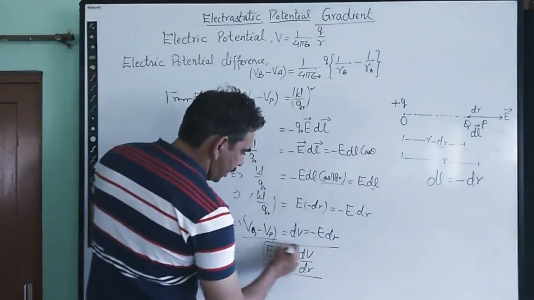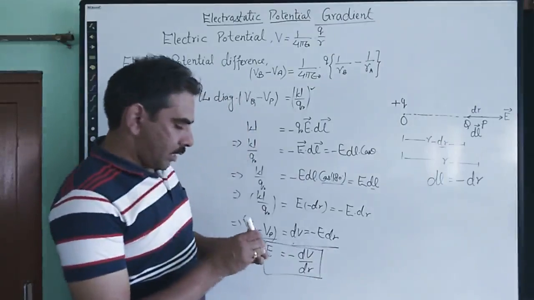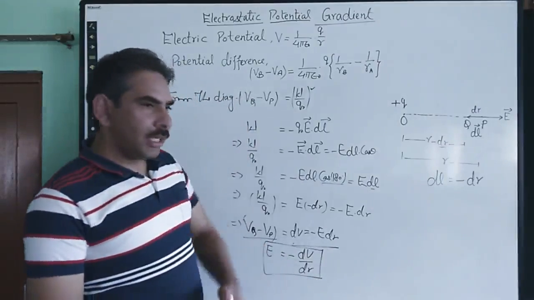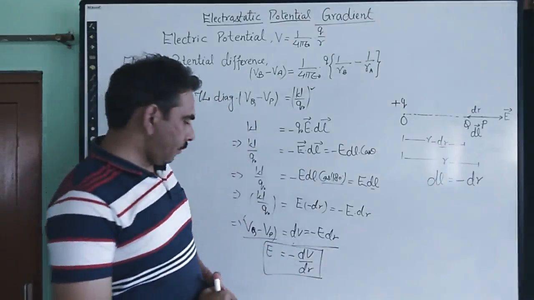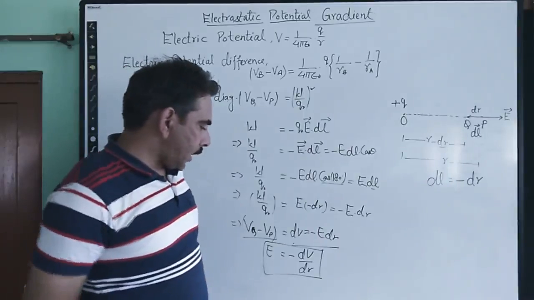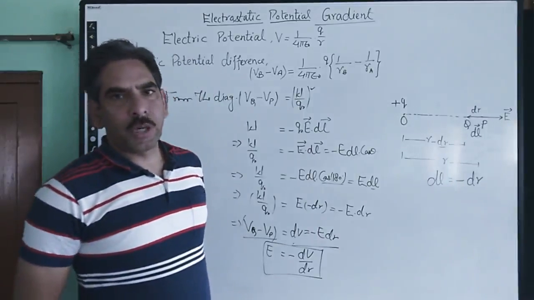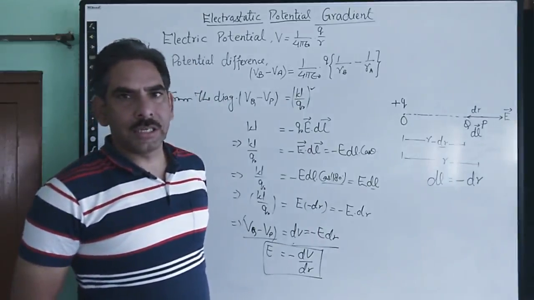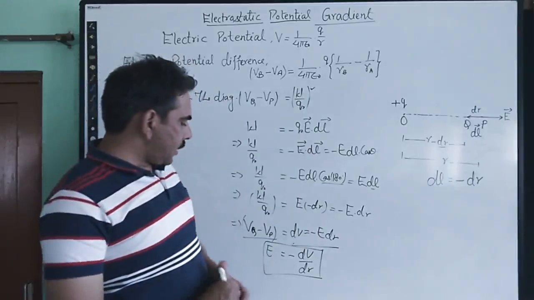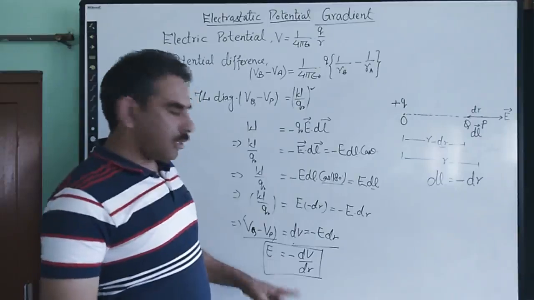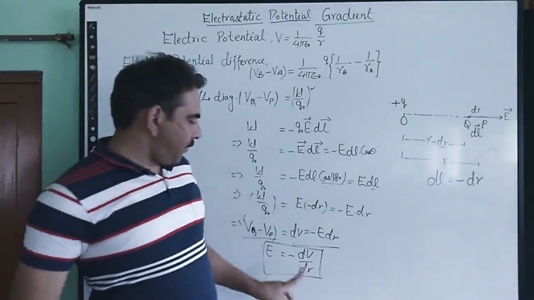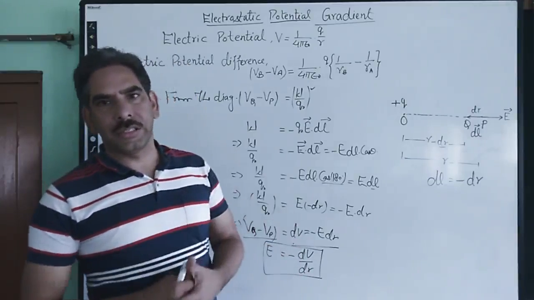So this is the result that relates the electric field and the electric potential, and the term on the right hand side is nothing but the electric potential gradient. From this equation we can say that the electric field is equal to the negative of the electric potential gradient.